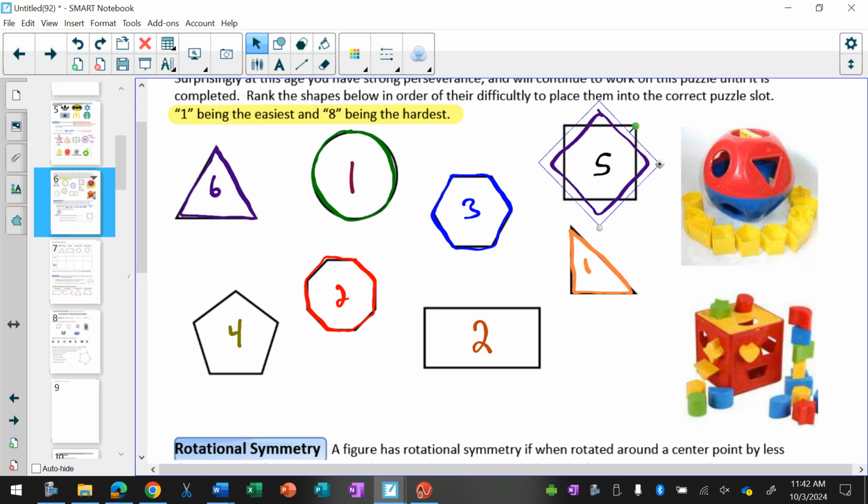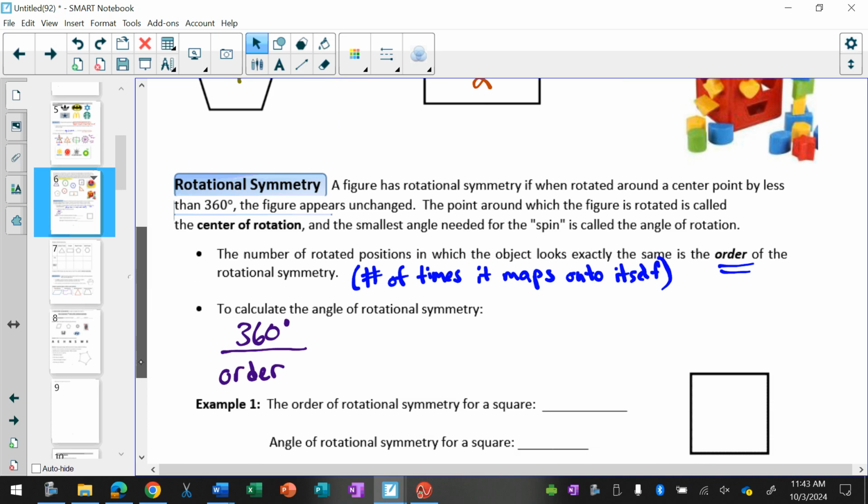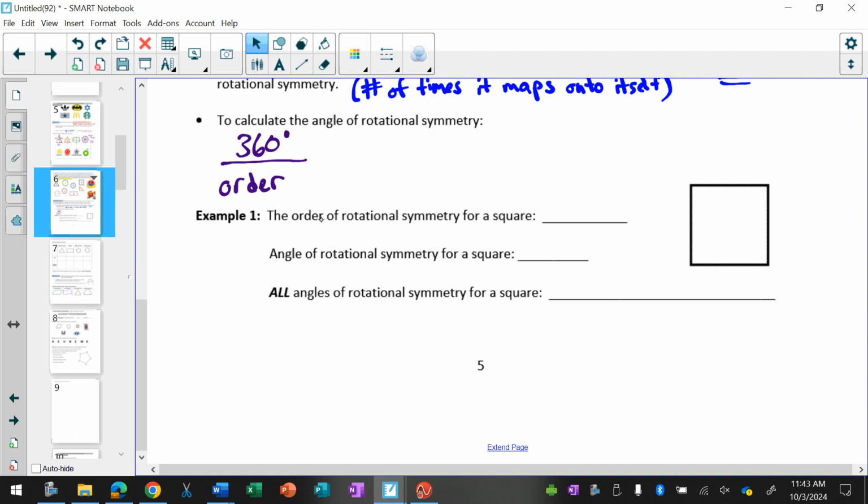If I turn the square 4 times, so it maps back onto itself, 360 divided by 4 means every 90 degrees, 90, 90 more, and another 90. Every 90 degrees, it maps back onto itself because it's 360 divided by 4. So the order for rotational symmetry for a square is the number of ways it maps back onto itself. That was 4, 1 for each side.